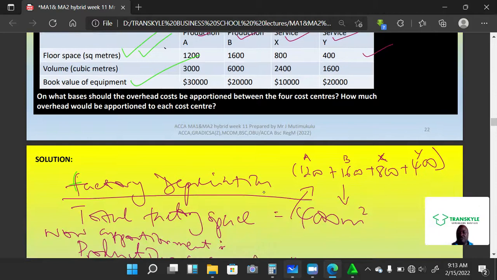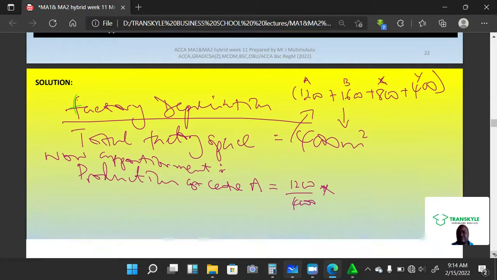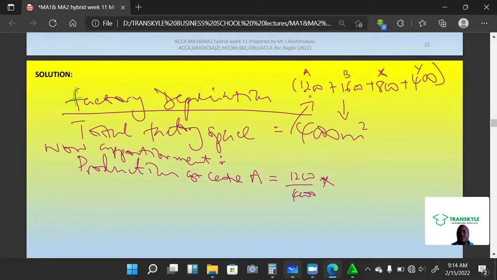We use the factory space as we have calculated here, and we found that the total space was 4,000. So A's share should be 1,200 over 4,000, multiplied by $1,000, the total depreciation. If you do the mathematics, 12 multiplied by 1,000 is 12,000, over 40.